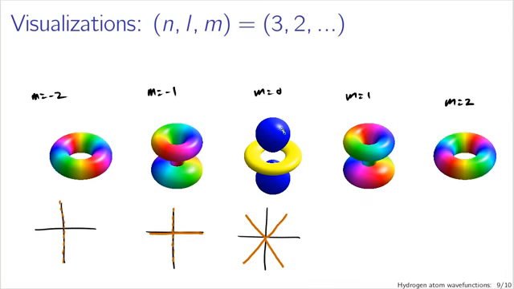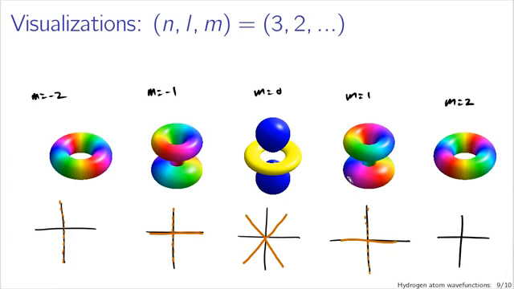The same pictures, of course, apply over here and over here as they did here. The particle, in this case, is unlikely to be found in the xy plane and unlikely to be found along the z-axis. The particle being unlikely to be found on the xy plane really refers to a node in theta where the spherical harmonic evaluated at theta equals pi over 2, rotating 90 degrees down from the z-axis, is 0.